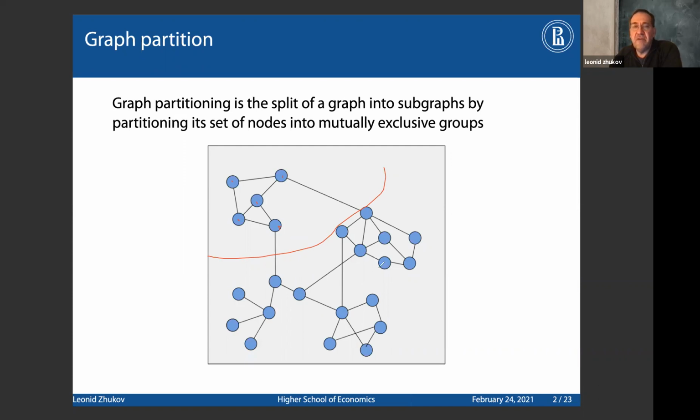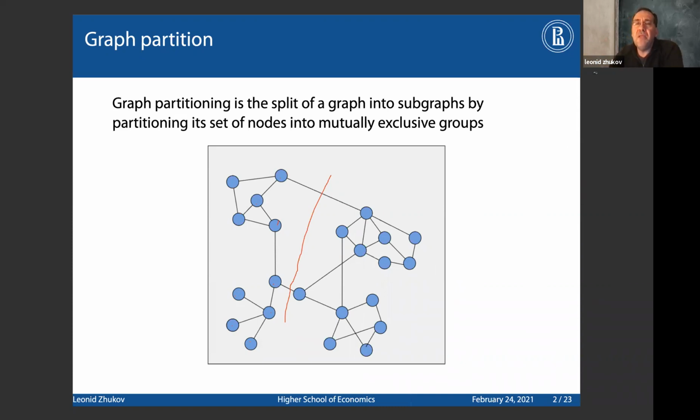Or if I do it this way, this will be more or less already a more balanced partition because this size is 1, 2, 3, 4, 5, 6, 7, 8, 9, 10, and approximately the same on the right-hand side. So in all these cases, the size of the cut was 2. I cut 2 edges, but depending on what cut I do, it can be more balanced or less balanced.